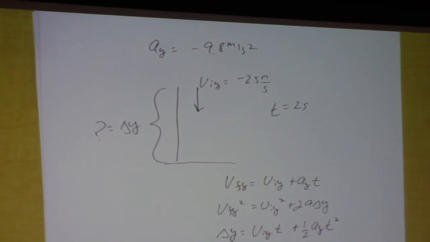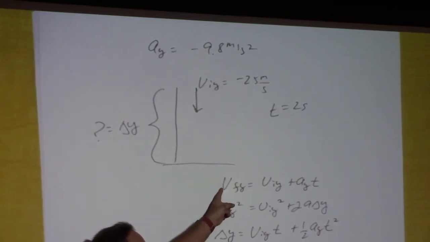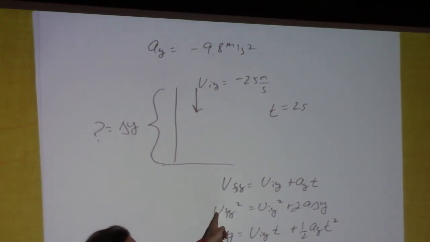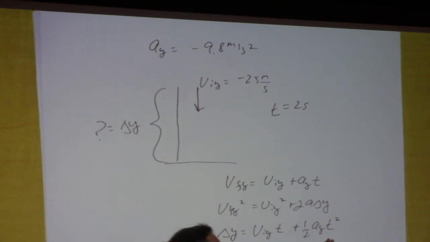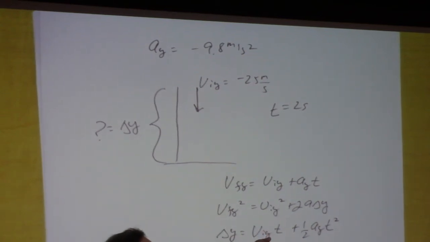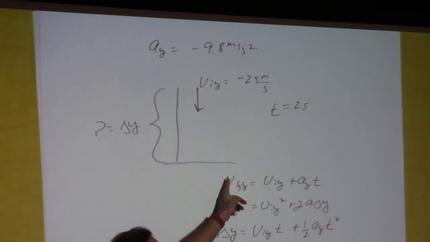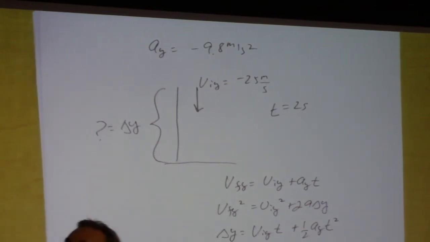You could figure out the velocity right before it hits the ground from the first one, and then use that velocity in the second equation to figure out delta y, because then you'd know everything except for delta y. So this is probably the quickest way to do it. You could use a combination of the first one and the second one, though, if you wanted to. So why am I using that one? It's because based on what I know and what I'm looking for, this one will work out for me.